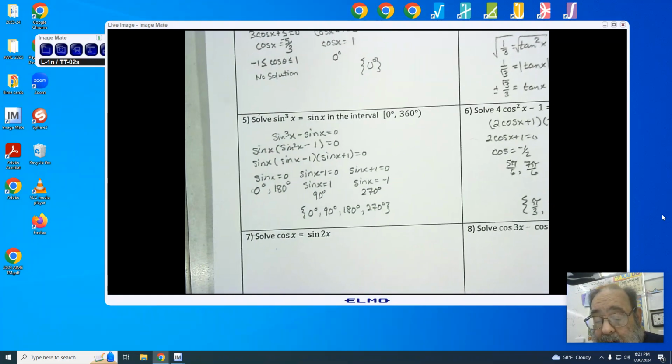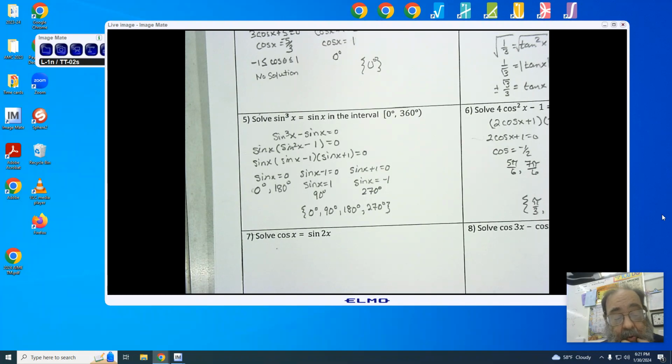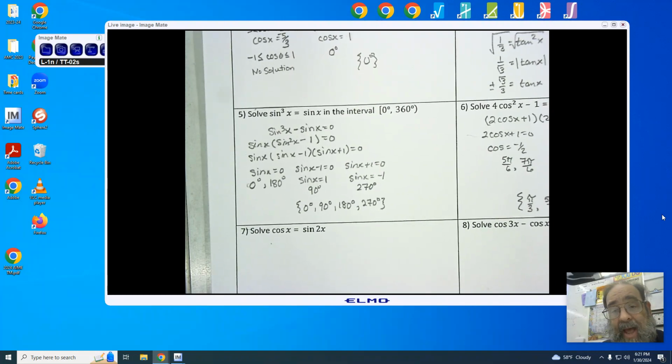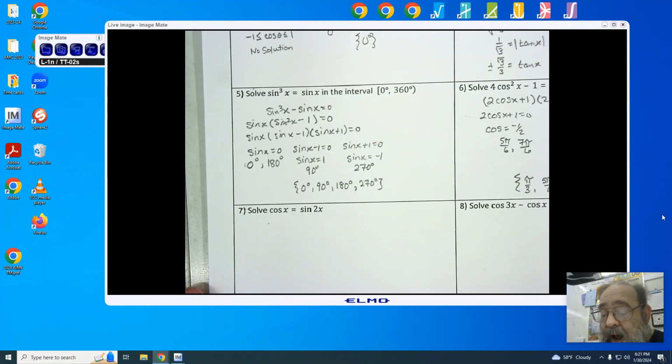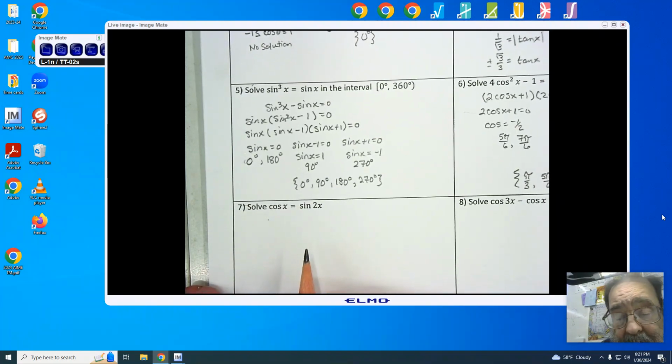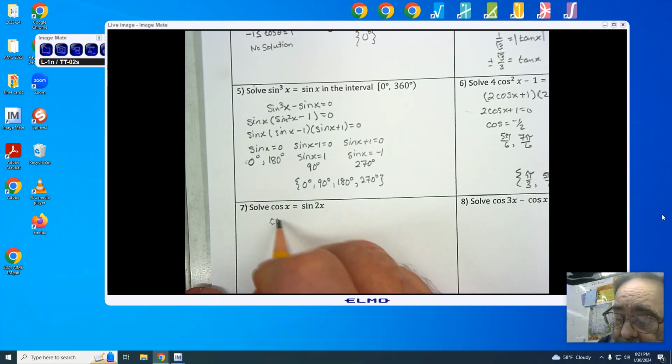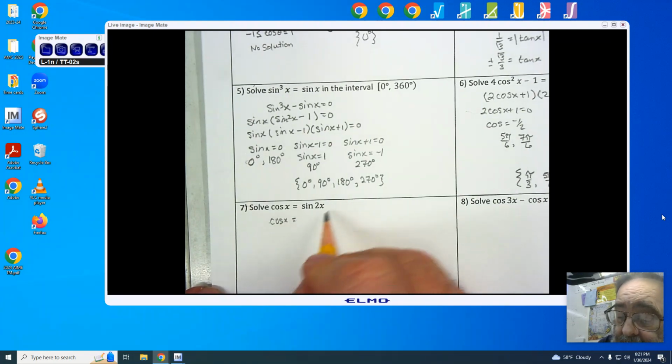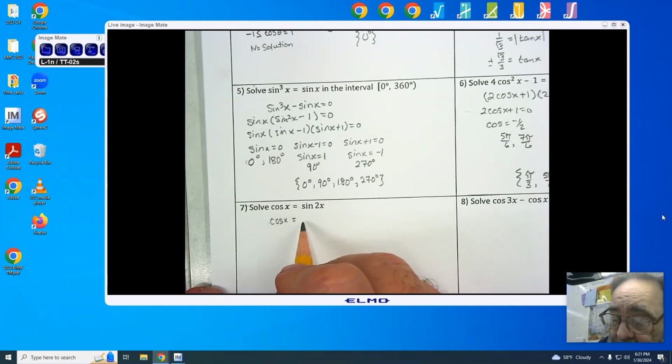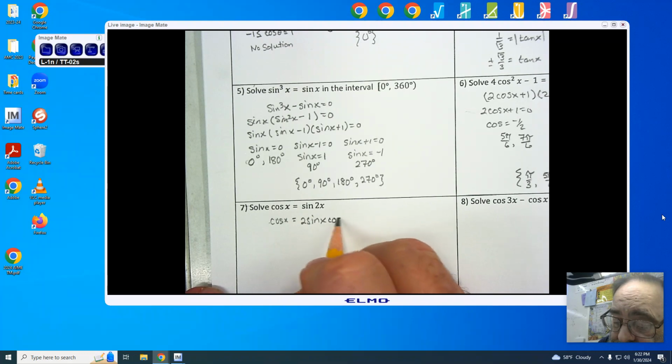Let's now take a look at number 7. When I'm working with number 7, you'll notice that I see the sine of 2x. One of the formulas that I have asked you to memorize and make sure you know is the double angle formulas. So, by replacing sine of 2x with the double angle identity, I get 2 sine x cosine x.